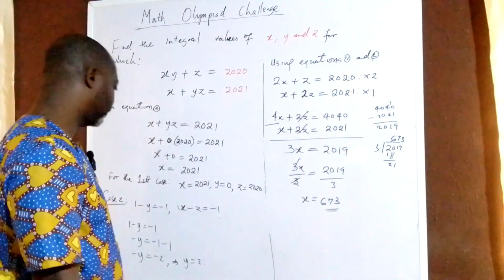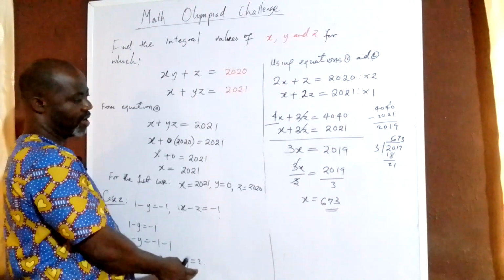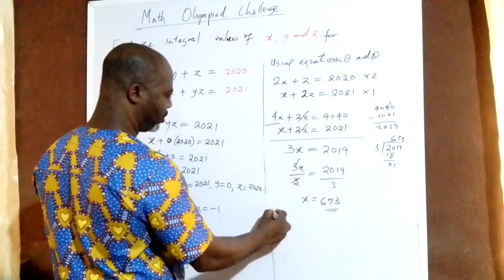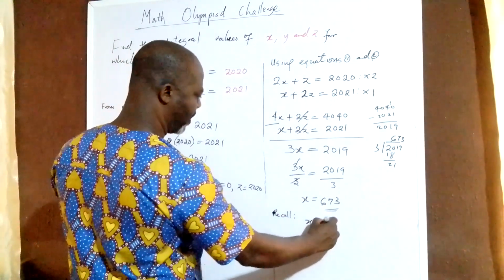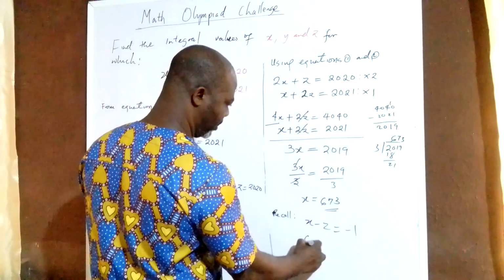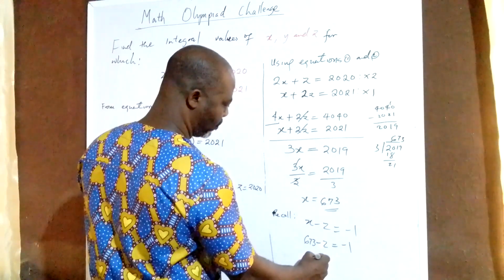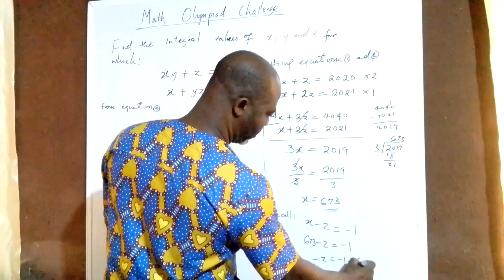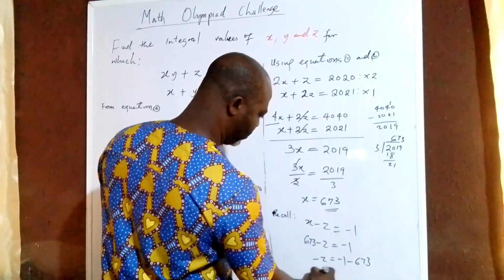Since we have gotten the value of y, and we know the value of x, we can easily find z. Recall that x minus z equal to minus 1. And since x is 673, 673 minus z equal to minus 1. So minus z equal to minus 1 minus 673.